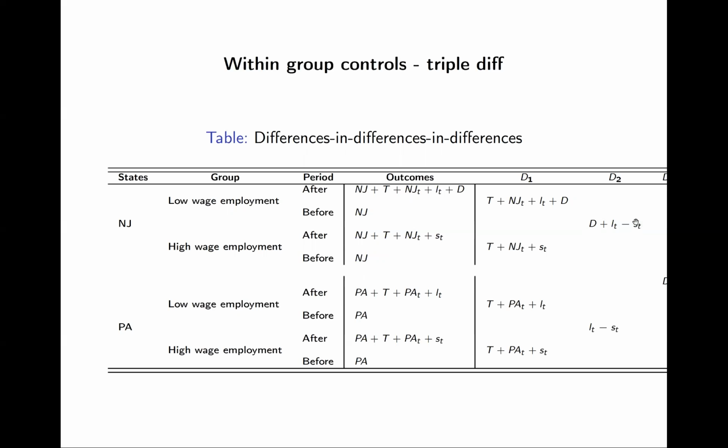Now look, this is our selection bias. It's the difference between the low skill work in a world where they're not given treatment minus the high skill work in a world where they didn't get the minimum wage. Let me write that down.